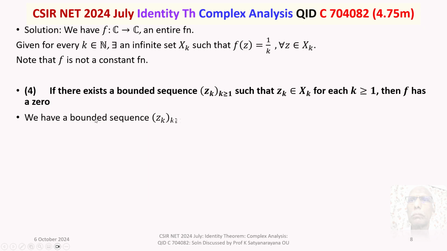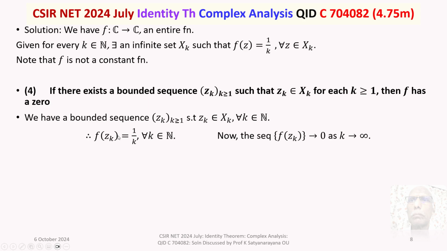We have a bounded sequence z_k such that z_k belongs to X_k for all k in N. z_k belongs to X_k means f(z_k) = 1/k for all k in N. Thus we form a sequence f(z_k). The sequence f(z_k) tends to 0 as k tends to infinity. Why? f(z_k) = 1/k tends to 0 as k tends to infinity.